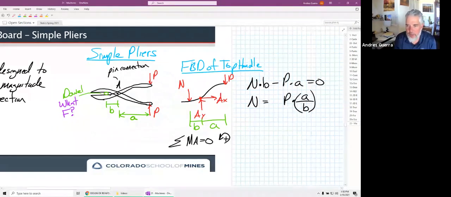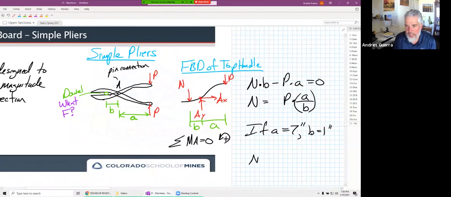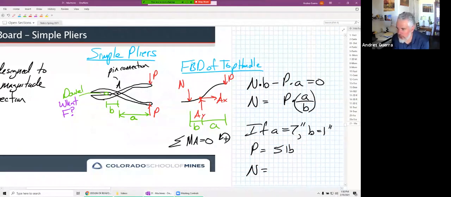So if A is equal to 7 inches, and let's make it easier and say B is equal to 1 inch, and let's say that P is equal to 5 pounds, as if I was squeezing with 5 pounds. What am I going to get for N? What normal force did I generate? I'm going to generate 5 times 7 over 1, so 35 pounds.